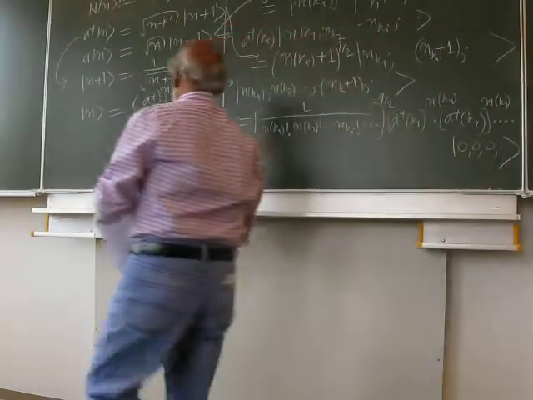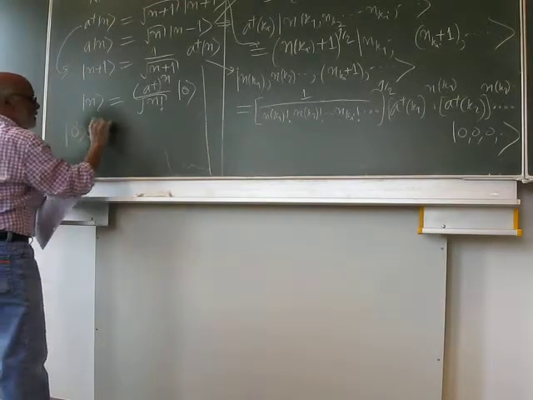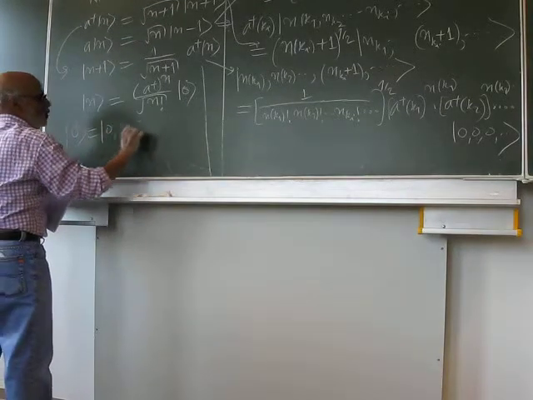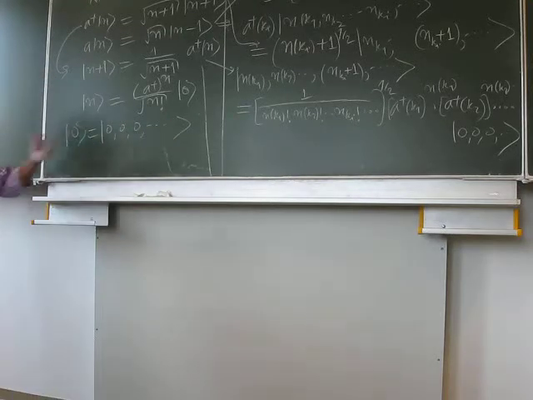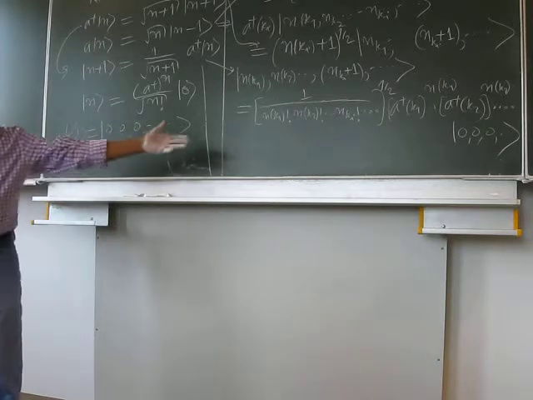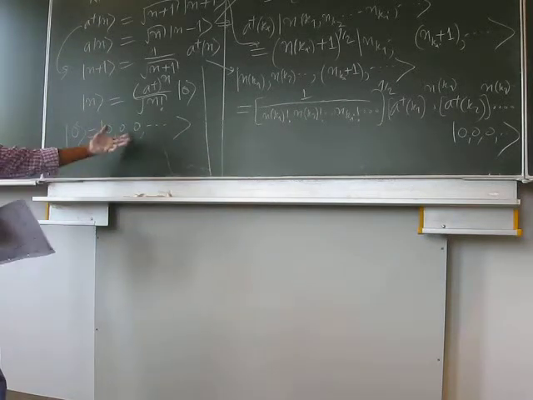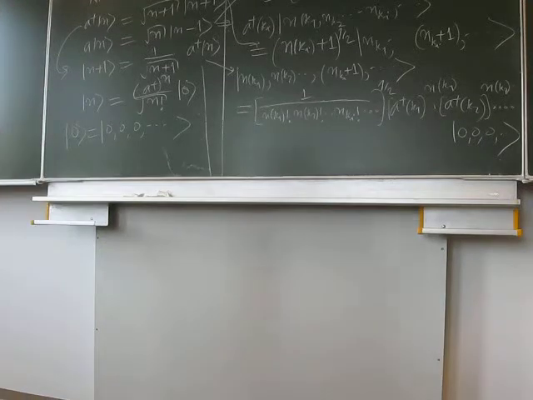So what is this ground state? This ground state is 0, 0, 0: zero particles with momentum k1, zero particles with momentum k2, and so on. So there are no particles. This is how you would write the vacuum state in field theory.